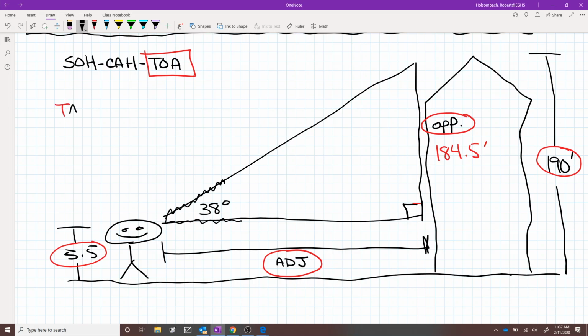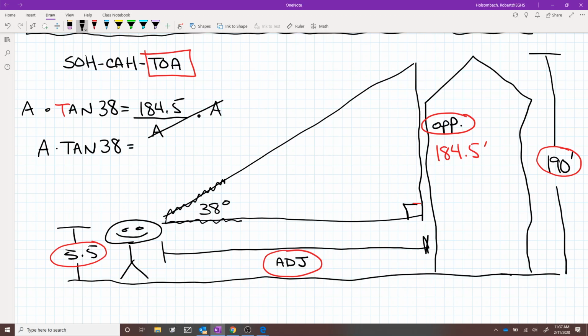So we're going to use tan 38 equals opposite over adjacent. I'm just going to use the letter A for adjacent. To solve for A, we need to multiply both sides by A first. The A's on the right will cancel. So A times tan 38 equals 184.5, and you can divide both sides by tan 38.